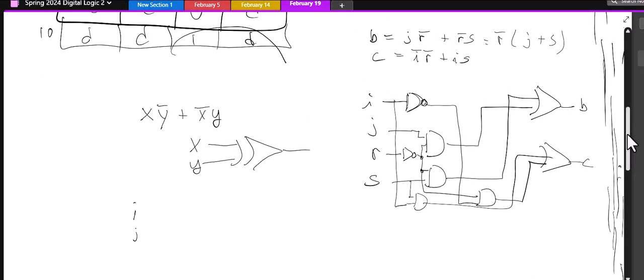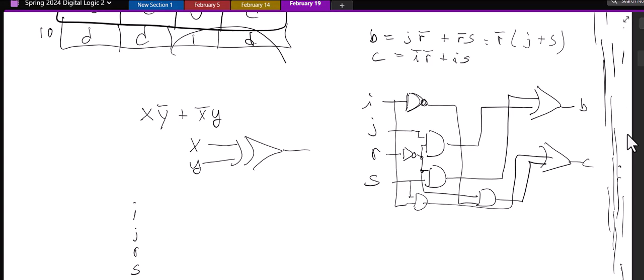I, J, R, S, not R, ANDed with J or S. That's B.